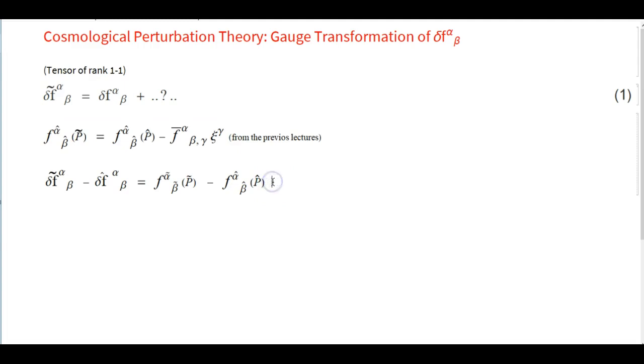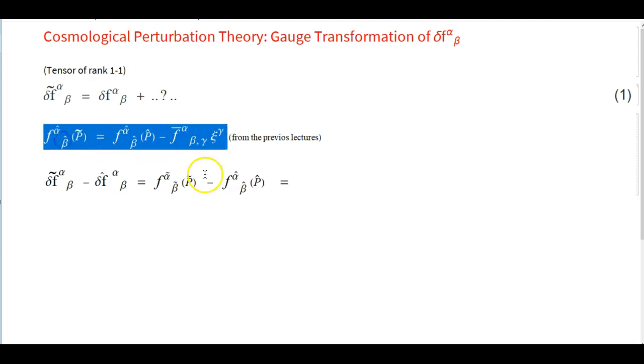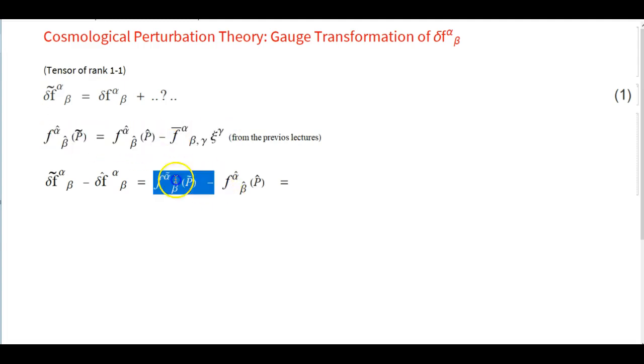If I write the value of f alpha caret beta caret at p caret from this equation, I substitute here, then I will get this is equal to this minus the value of f alpha caret beta caret, which will become this.